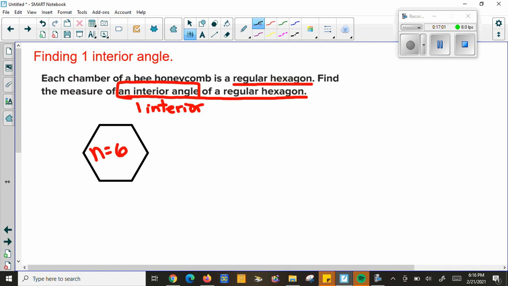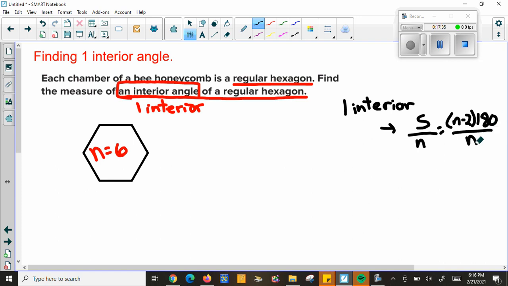Now, the thing that we know is how to find the sum total. If I want to know one interior angle, we could use the sum divided by the number of sides. And that would look like n minus 2 times 180, then divided by n.